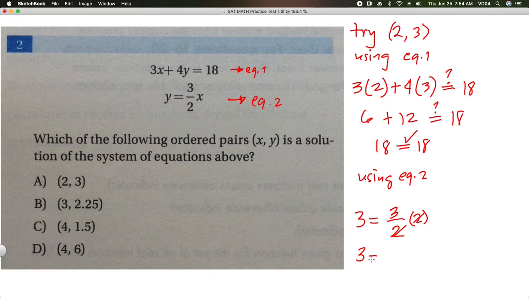Okay, 3 is equal to 3, and that satisfies our equation number 2. So when equation 1 and equation 2 are both satisfied, it means that 2 and 3 is a solution of the system of equations above. And so we can pick letter A as our correct answer.